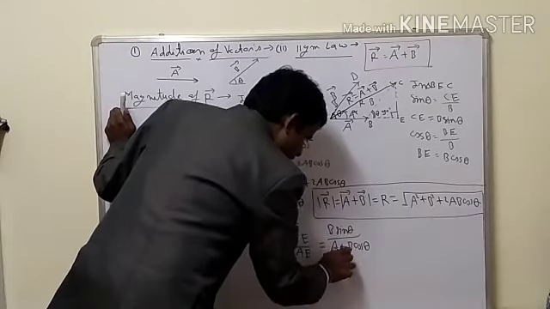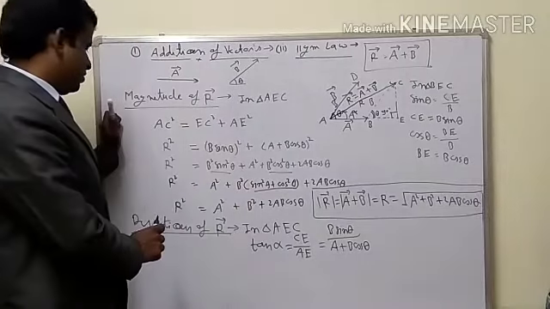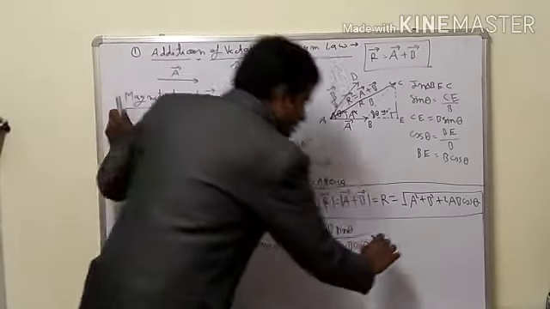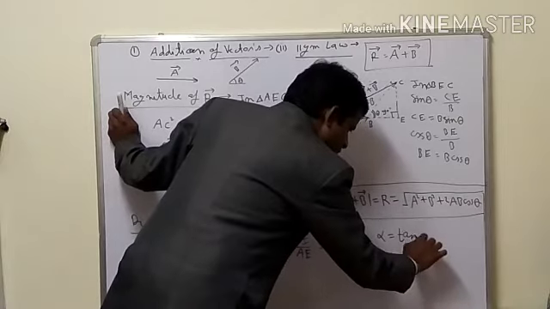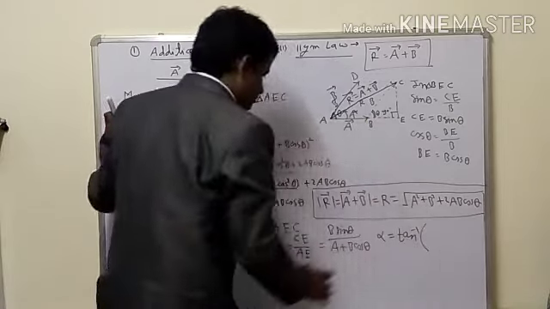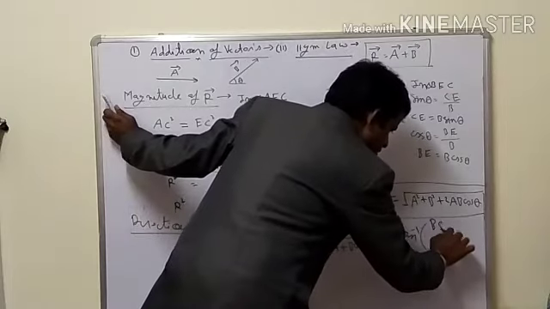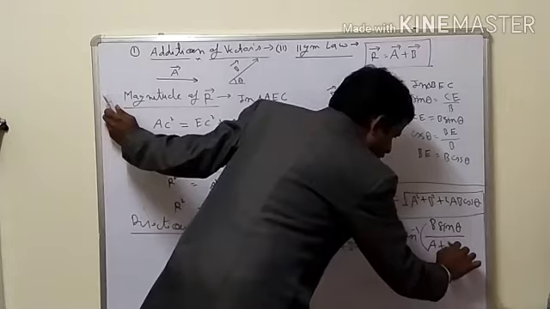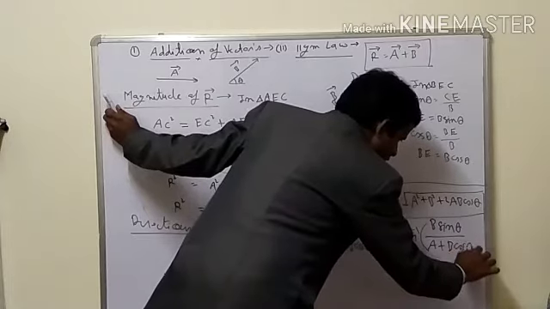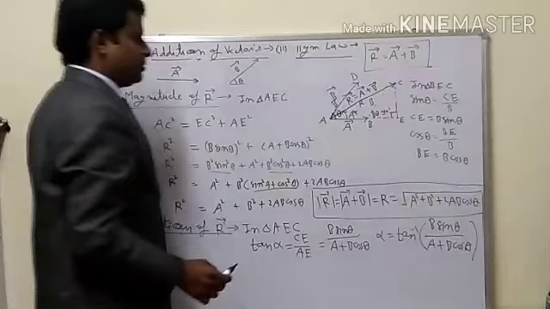So this is the direction. If you want to write the direction in the form of alpha, then alpha is equal to tan inverse of B sin theta upon A plus B cos theta.